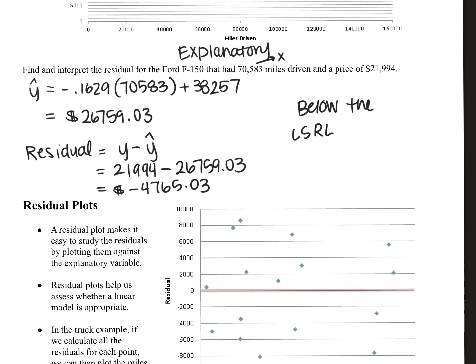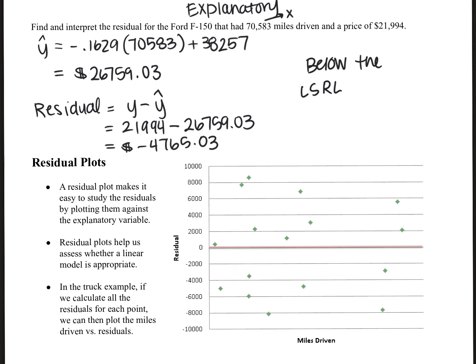So what we end up doing is plotting all of our residuals to determine if the linear regression equation we have is a good fit for the data we have. So we plot our residuals against the explanatory variable, which in this case is miles driven. Like I said, it helps us to assess whether a linear model is appropriate.